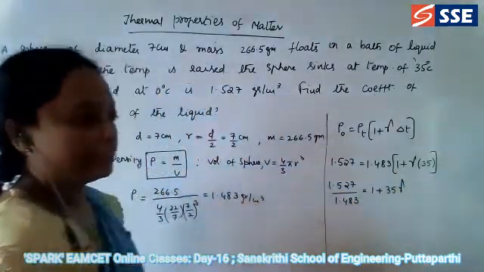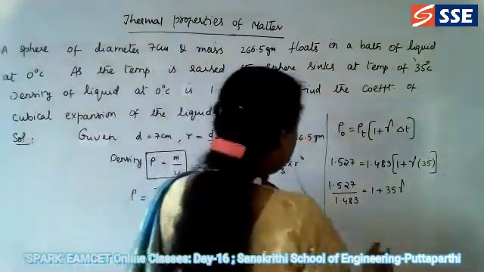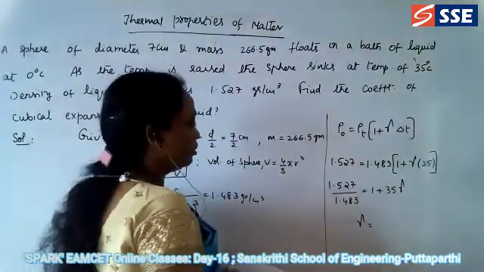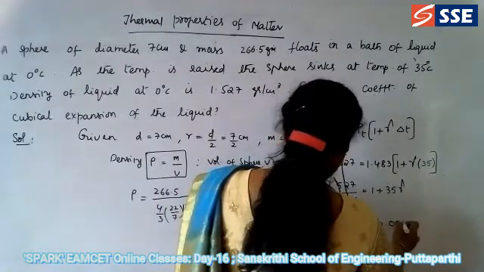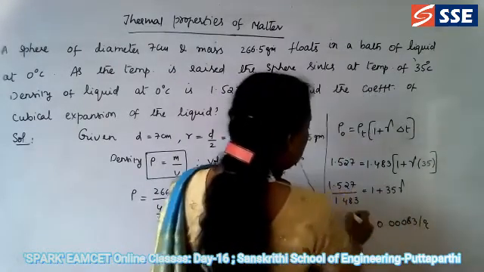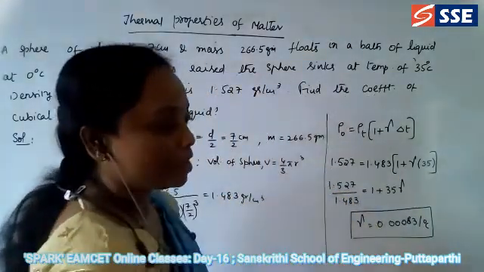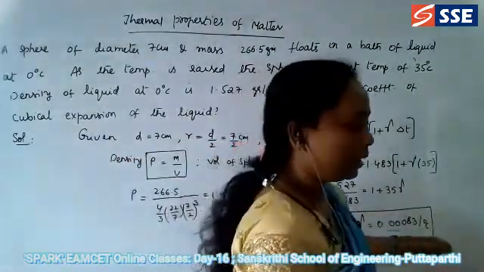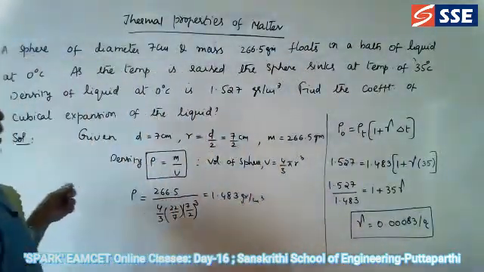So calculate. What is the value for gamma, the coefficient of cubical expansion? So now this goes to 0.00083 per degree Celsius. Gamma is equal to, after calculation, the coefficient of cubical expansion is 0.0083 per degree Celsius. So this is the coefficient of cubical expansion.